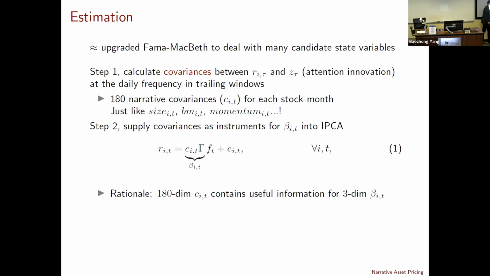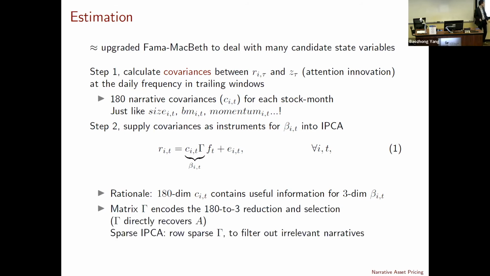And how do I elicit that information? With the IPCA framework. I have this gamma matrix, 180 by 3, that tells me which covariance matters for beta. Of course, gamma is very closely related to the A matrix I told you before. Gamma also has a row-sparse structure. Those rows that are 0 correspond to narratives that don't matter.